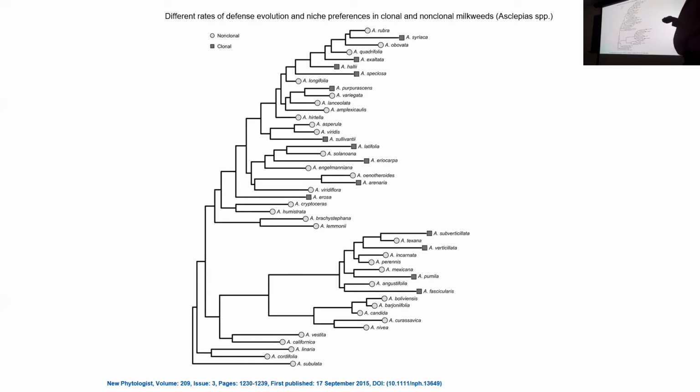When this paper was published, the author was interested in rhizome morphology. That's why you're seeing these gray squares versus circles. Clonal, the gray squares, meant that they wanted to know if the species are sorted by rhizome presence, a large rhizome. And they found that large rhizome presence did not explain the phylogeny.